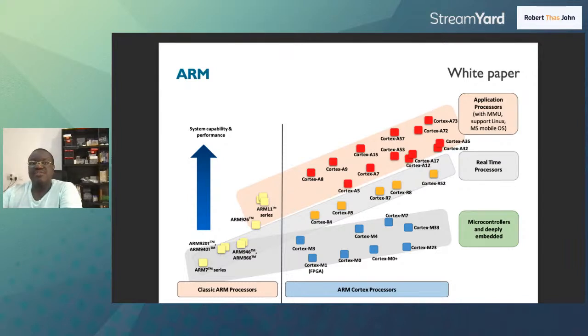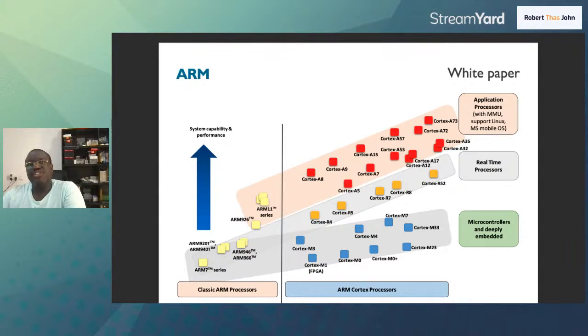Now, ARM itself produces three types of processor technology: the ones in red, the ones in orange, and then the ones in blue. You can ignore the ones in yellow. They're kind of phased out, they're classic. Microcontrollers utilize processors in the blue region, and those processors are called Cortex-M processors.